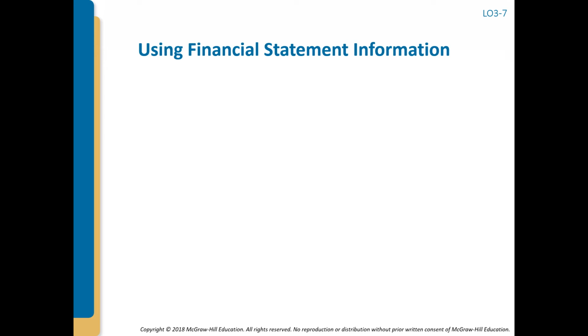So again, welcome. In this section, we will be discussing the usefulness of financial statement information. You know that companies are publishing their financial statements: the income statement, the balance sheet, and the owner's equity statement.